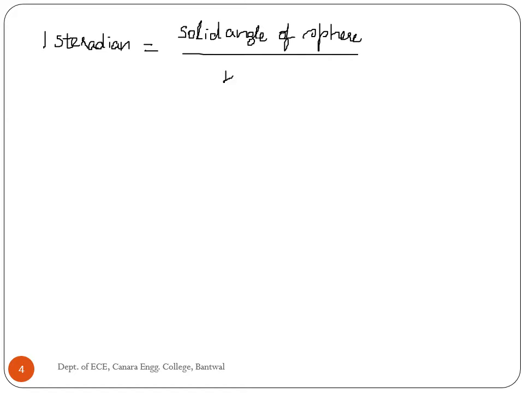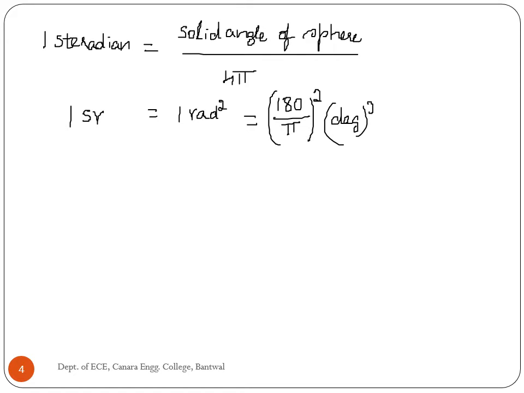One steradian is equal to solid angle of sphere divided by 4 pi, which is equal to 1 radian squared, which is equal to (180 divided by pi) squared, unit degree square.